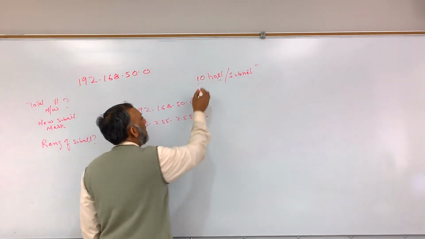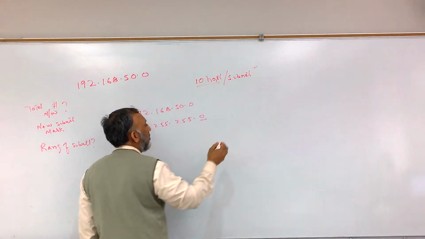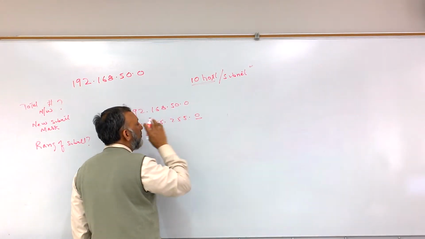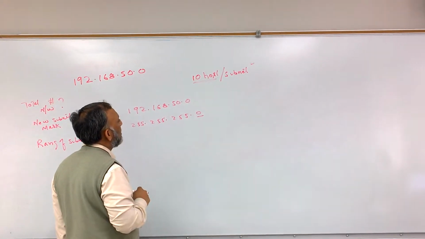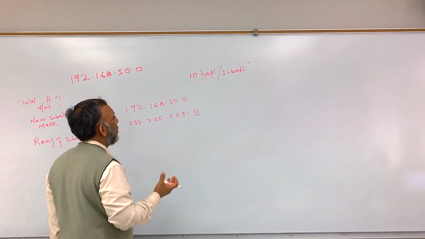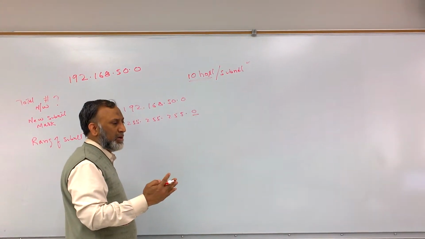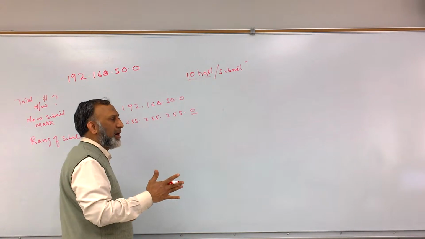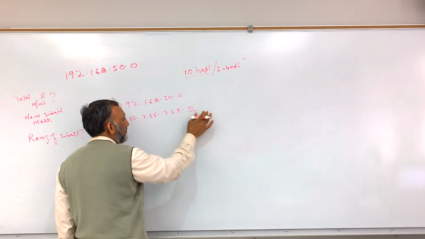In this case, you need to have 10 hosts. So whenever you want to find the number of hosts, you should always go for the number of zeros that is left over within this octet.